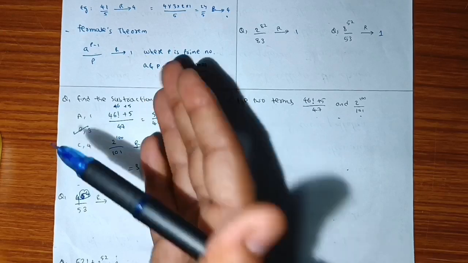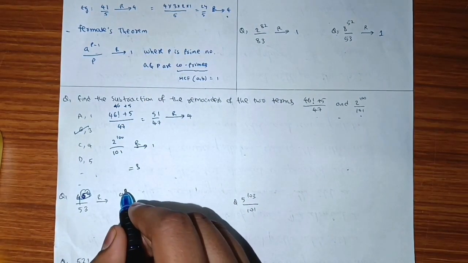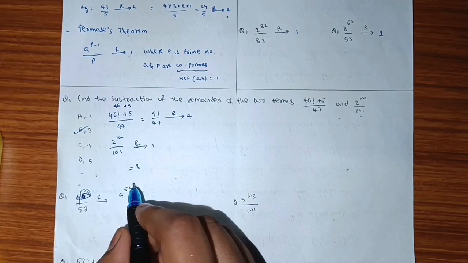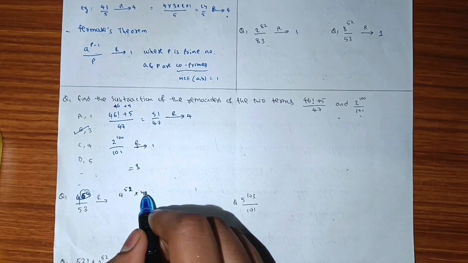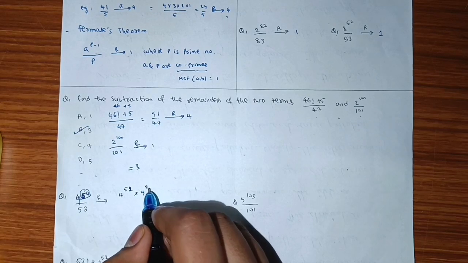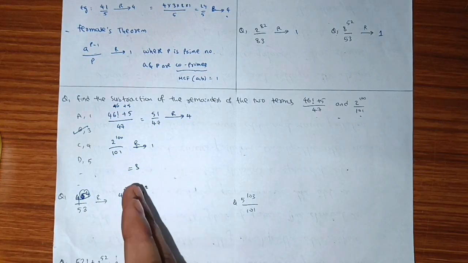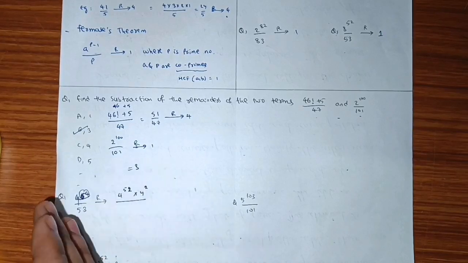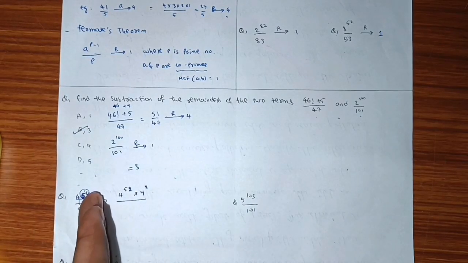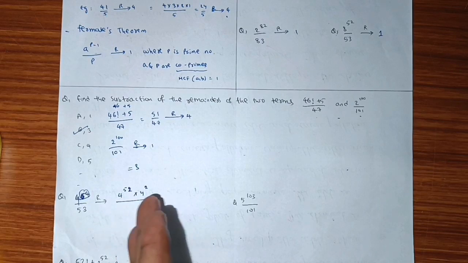You can see I am converting 4 power 54 like this: 4 power 52 into 4 power 2. When we multiply, the powers are added. So I have converted 4 power 54 as 4 power 52 into 4 power 2.